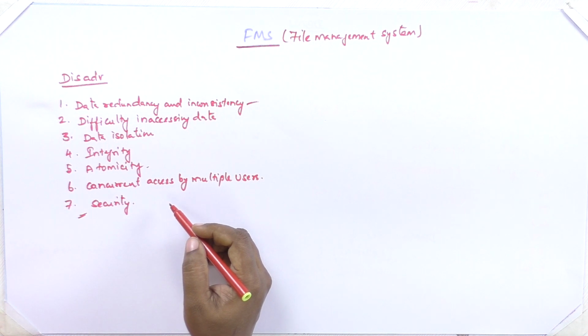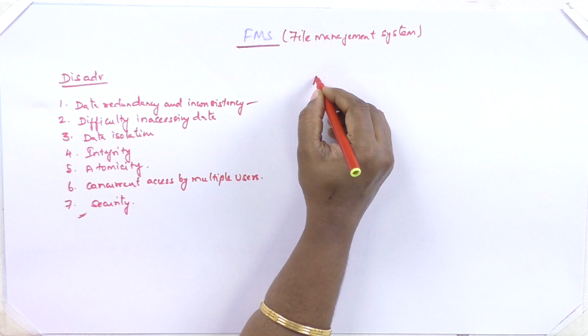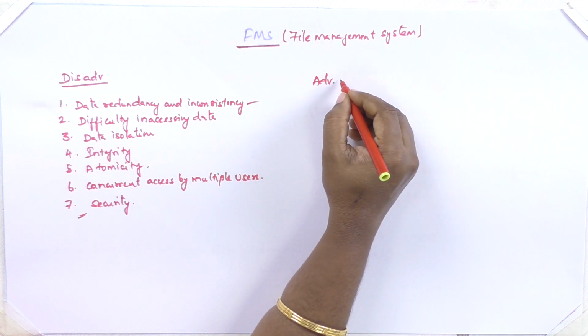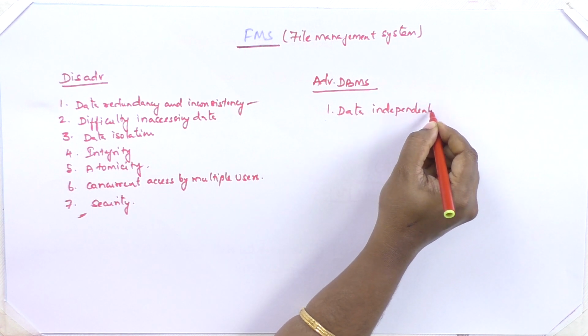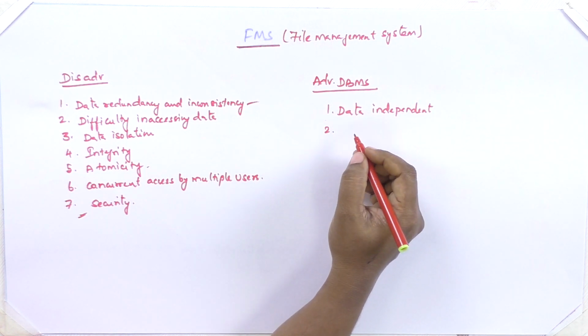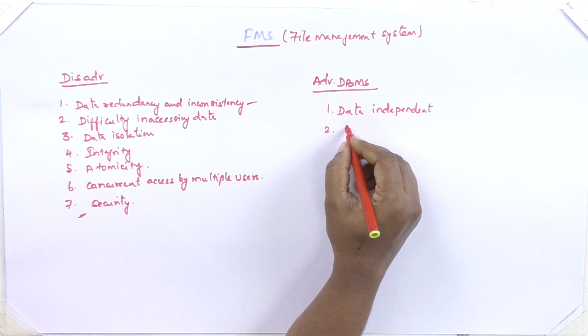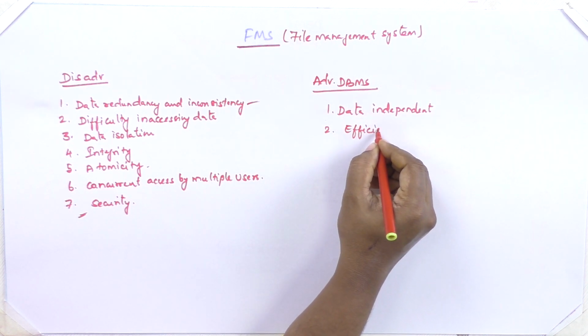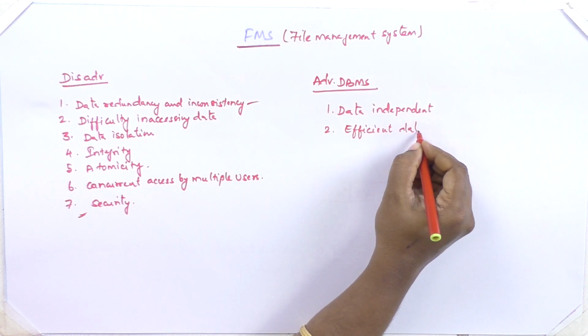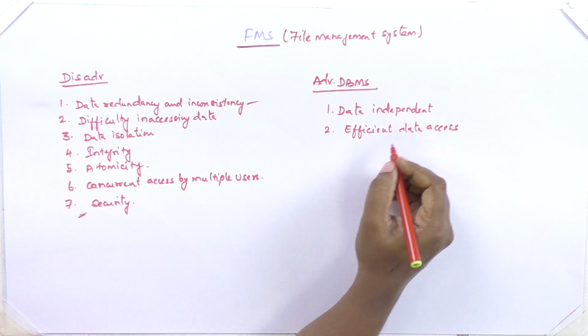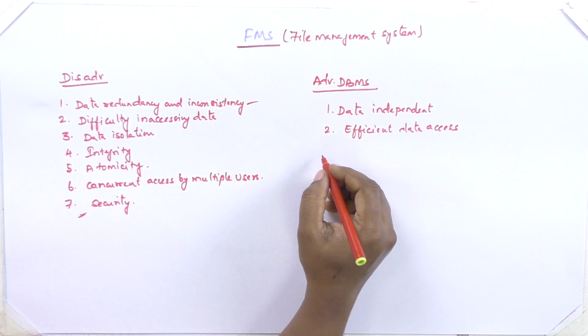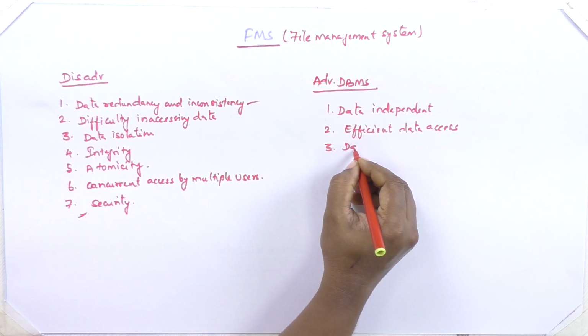That is, the advantages of DBMS include data independence, meaning the data which we give in the database are independent; efficient data access, so whenever we want to access particular data, it is easy to access it; and data integrity and security.